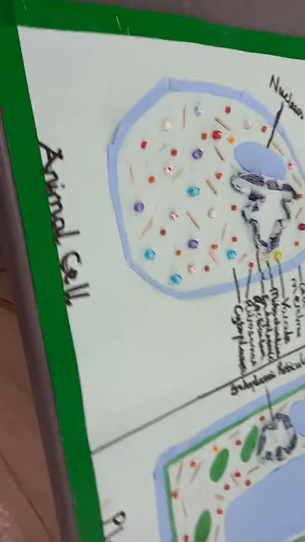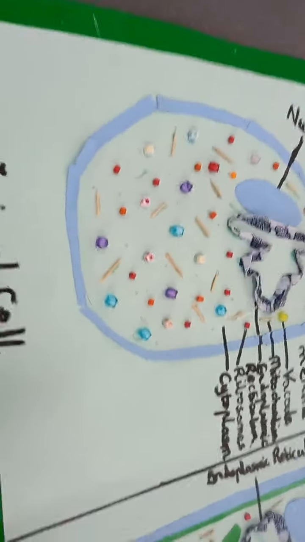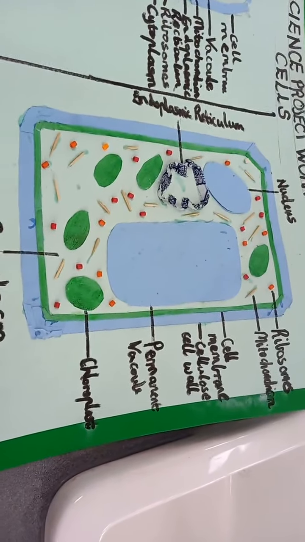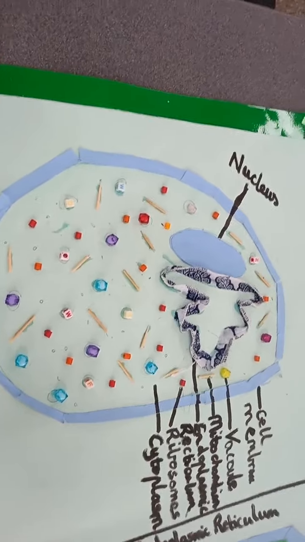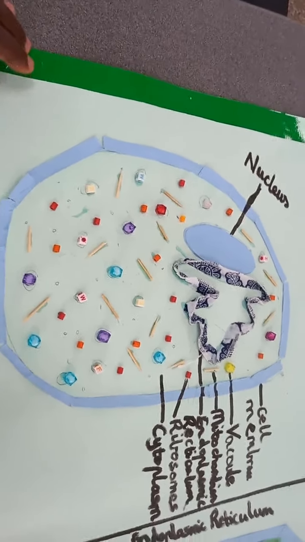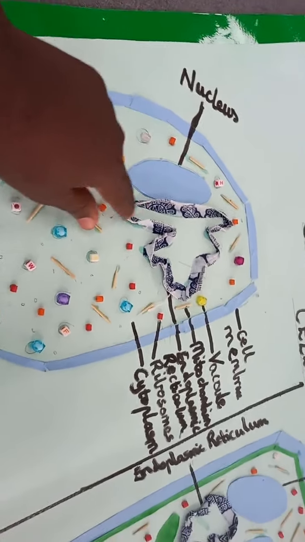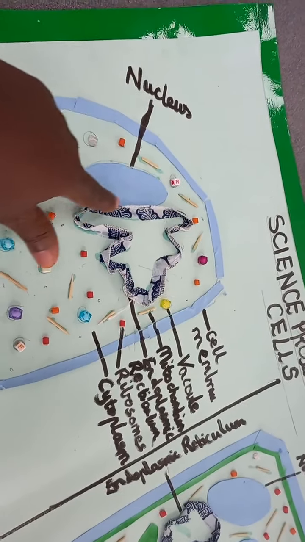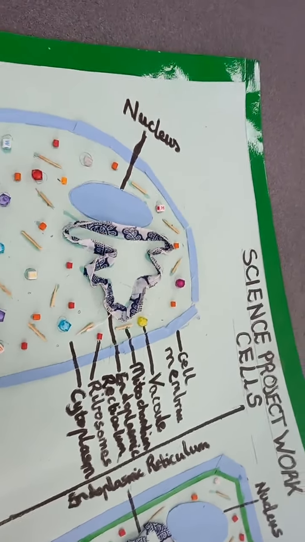Then let's come to the next one, where we have also the animal cell and plant cell. Okay, so let's have a look at it. What are the parts shown here? Yes, according to the maker, this is the nucleus and the endoplasmic reticulum being presented by this cloth.